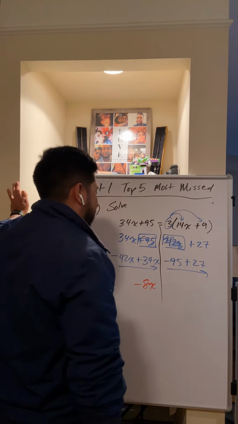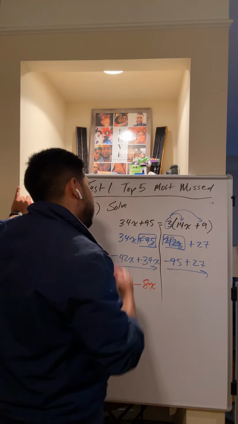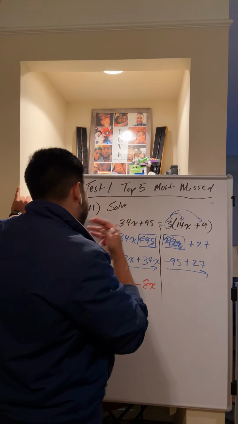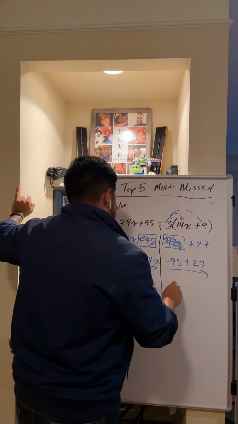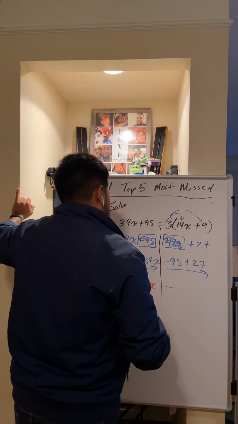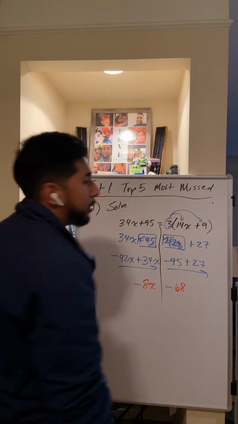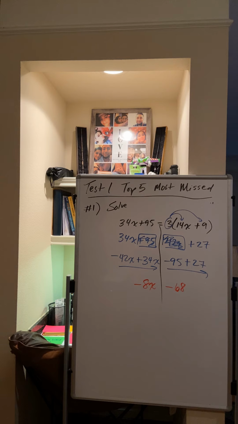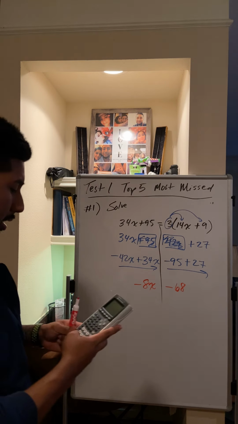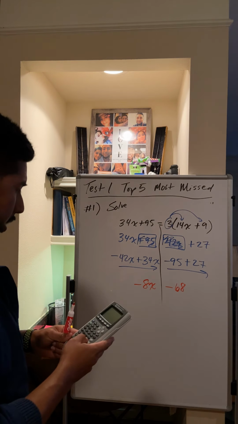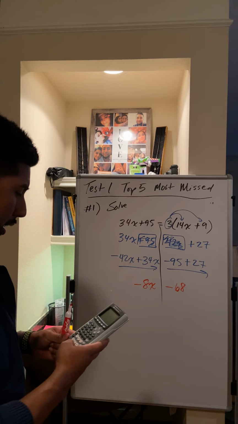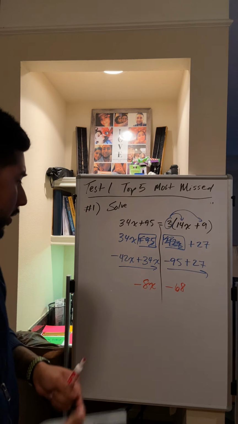Negative 95 plus 27 gives me negative 68. I'm going to double check with the calculator. Negative 95 plus 27, negative 68.